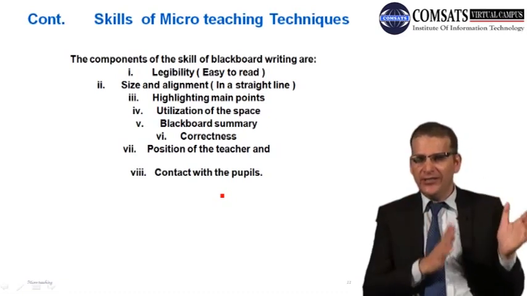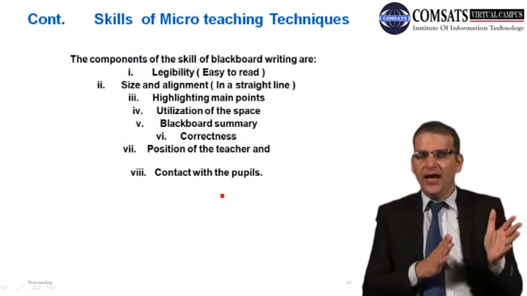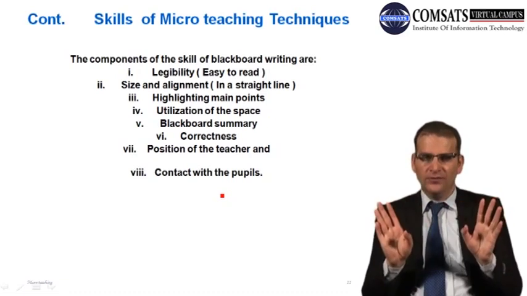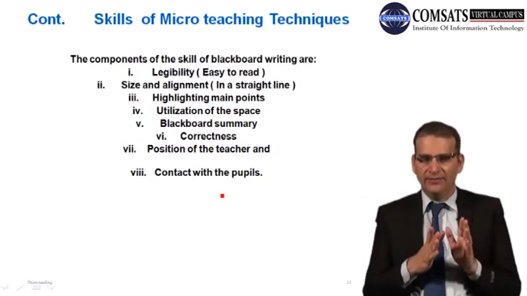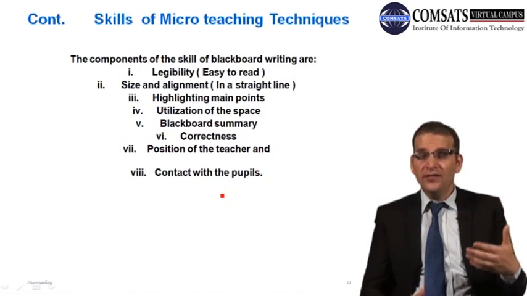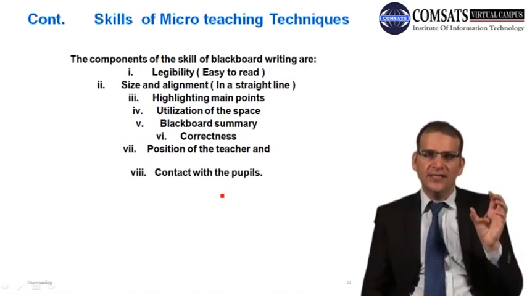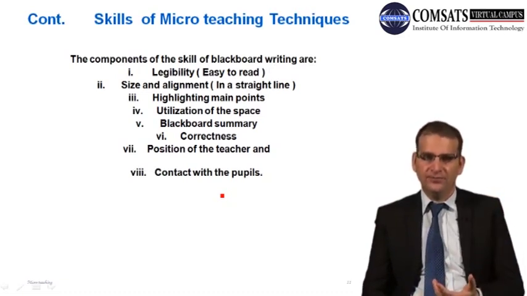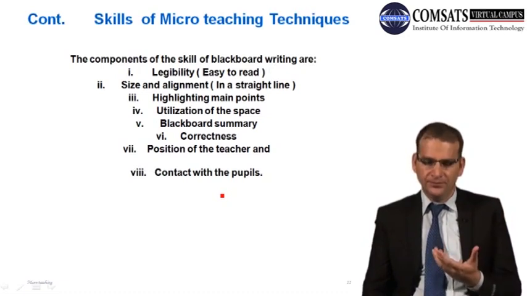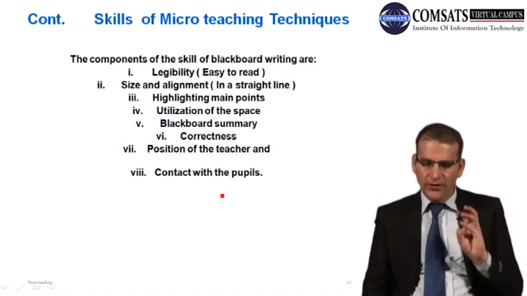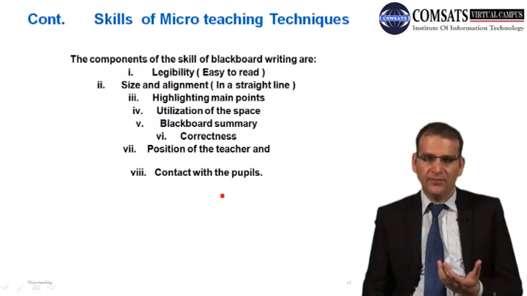Sometimes you leave space initially from the beginning, and at the end, of course, your space ends and you have to come back. So before starting writing on the board, see where to start, think of it, and then move on. Of course, summary.